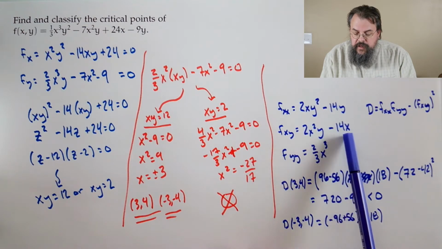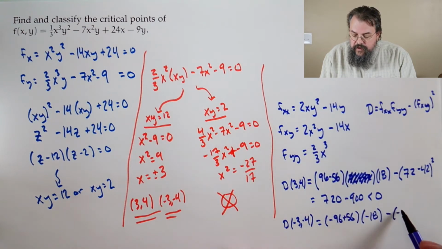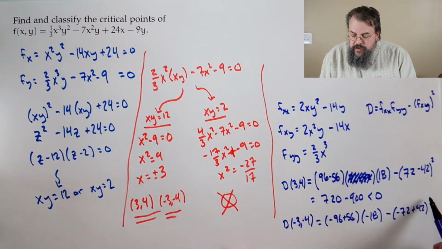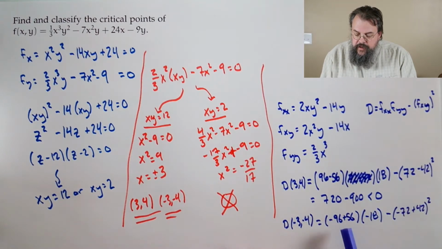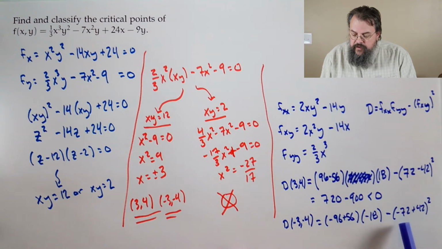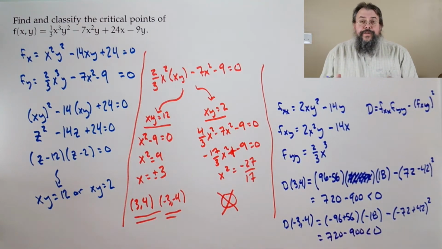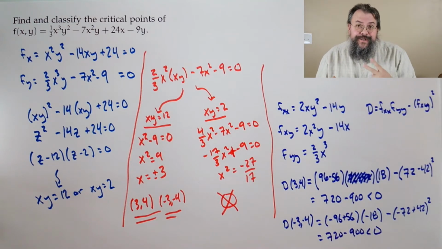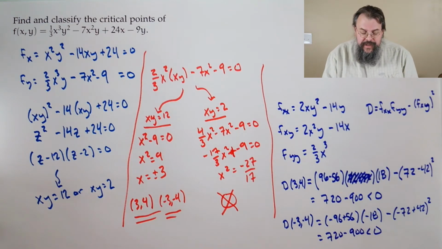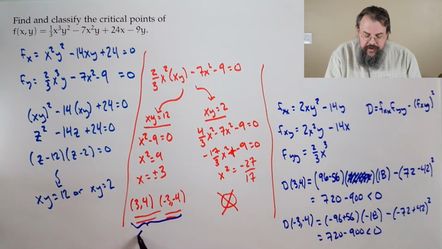Because it's negative cubed, and there's a negative. So subtract negative 72 plus 42 squared. But look, negative, negative, these multiply together, so they still end up with 720. And here, it's still negative 30 squared is 900. So it's still the same computation. 720 minus 900, that's negative. So in both places, both the critical points, we got a negative value for the discriminant, which means that both of these points are saddles. So they're both saddle points.